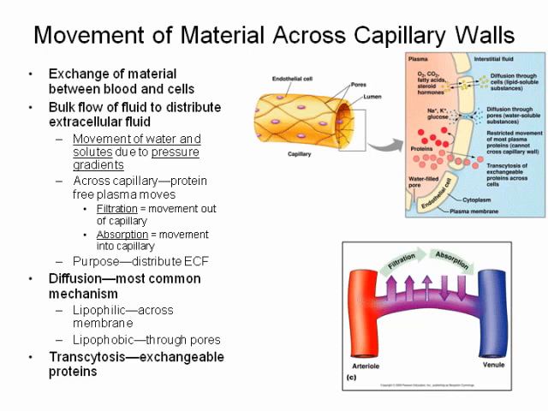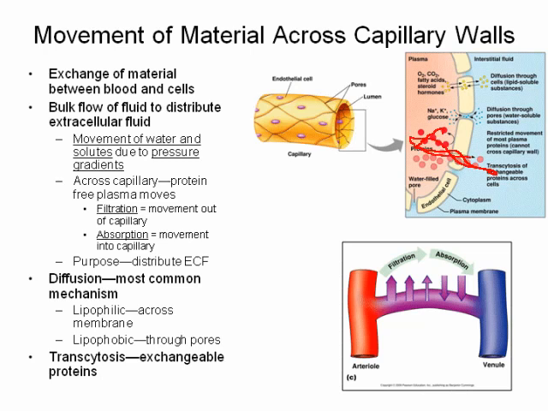Now, the most common mechanism of this is going to be diffusion. Things moving down their pressure gradients, moving down concentration gradients. And of course, lipophilic substances are going to cross the membrane very easily because they dissolve in the lipid component of it. And lipophobic substances will have to pass through pores.